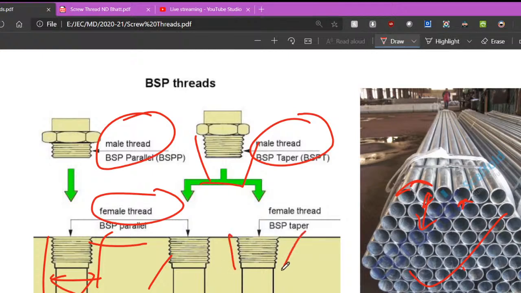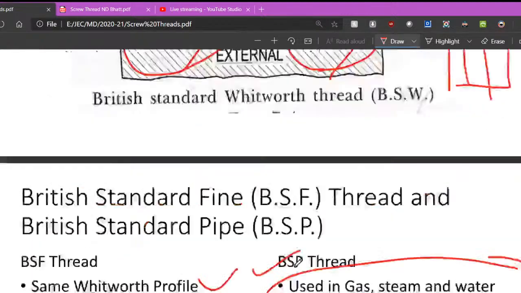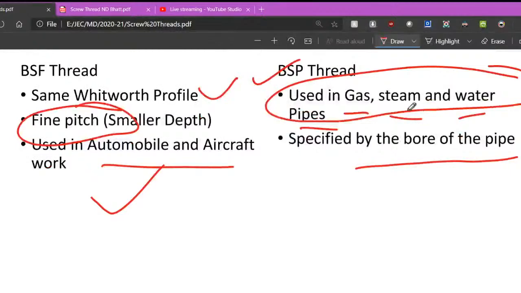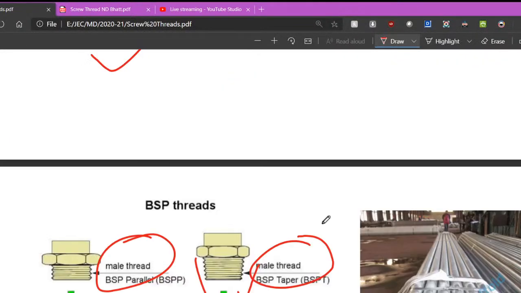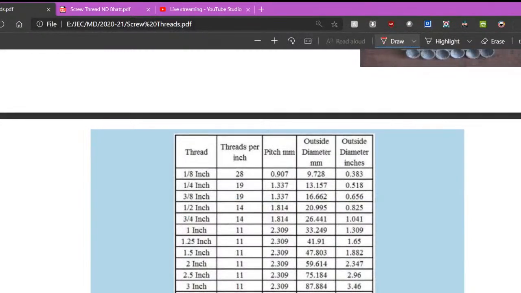in that case you also need to taper BSP female thread, so that it can accommodate, as you have seen, these are used where the gas, steam or fluid supply is used. So we have to make the seal joint, tight seal joint.